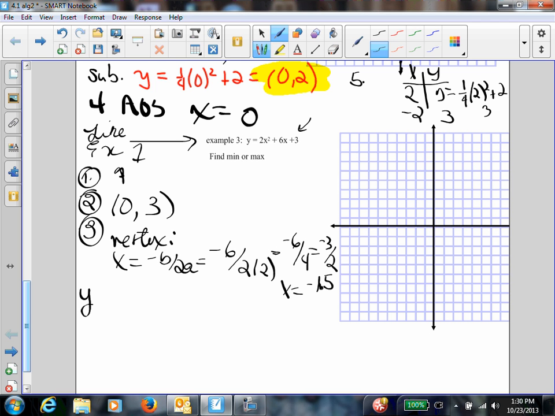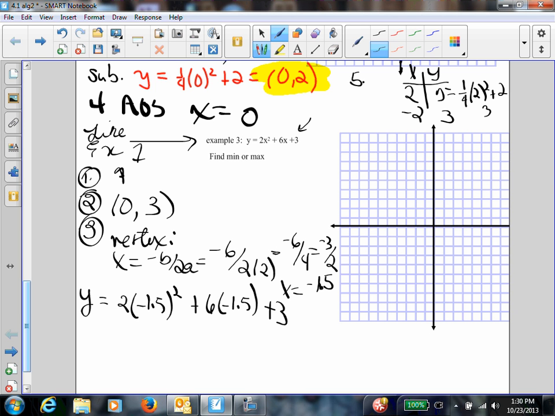So show me y is equal to 2, parentheses, negative 1.5, close the parentheses, stick that square on the outside. If you are sloppy about your parentheses and your squares, you will consistently get these problems wrong. You've got to substitute correctly. Plus 6, parentheses, negative 1.5, close parentheses, plus 3.